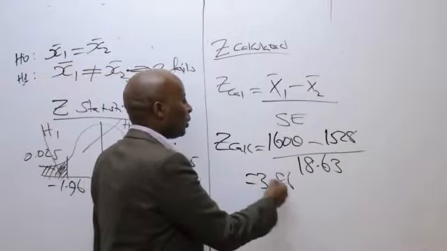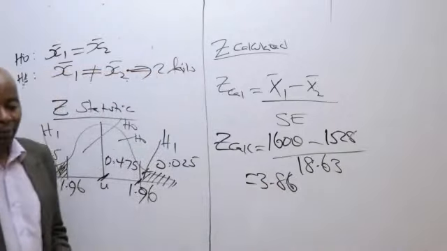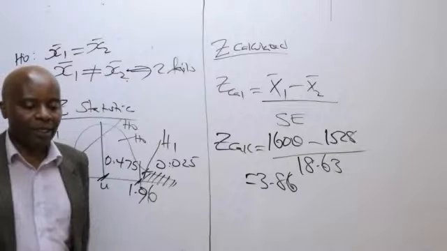So having gotten 3.86, what do you think could be the next thing to be done?